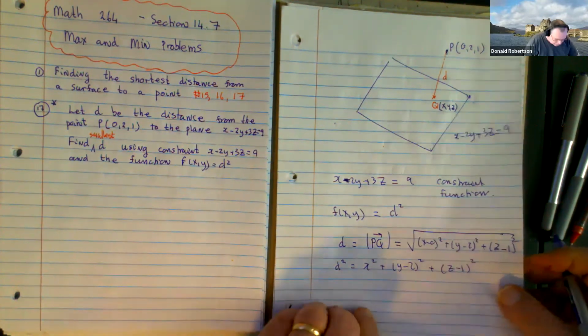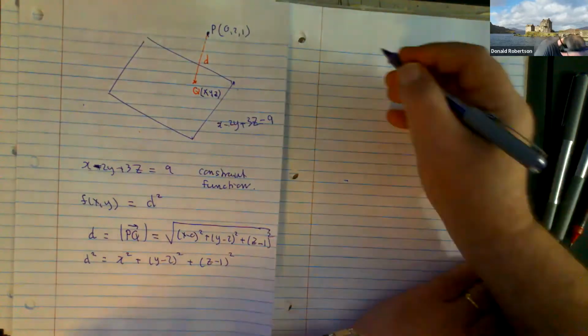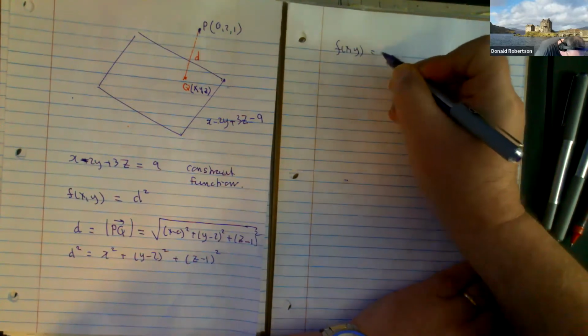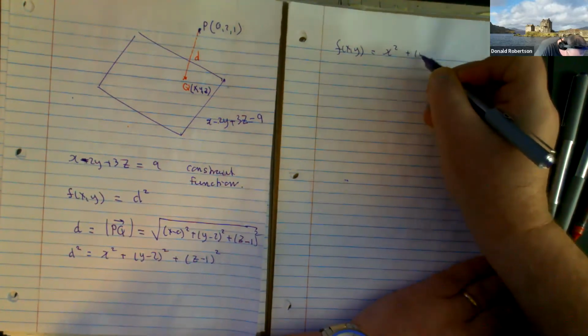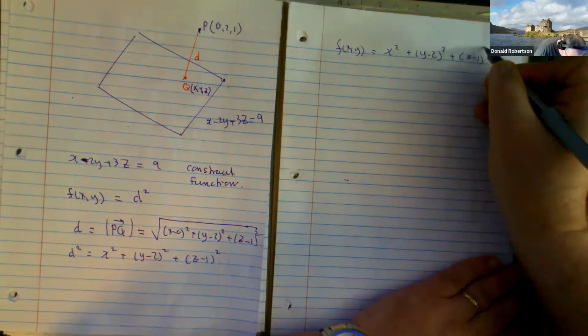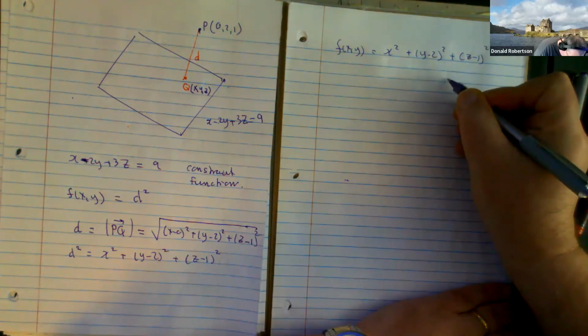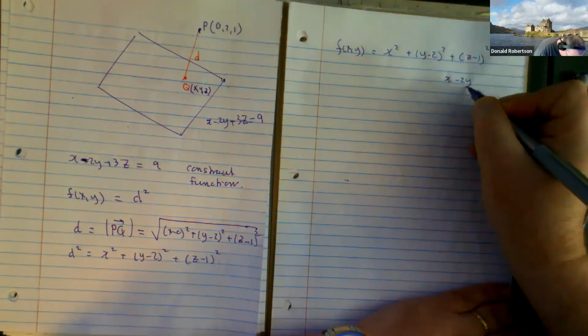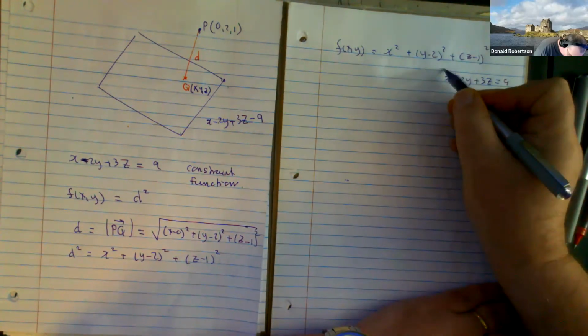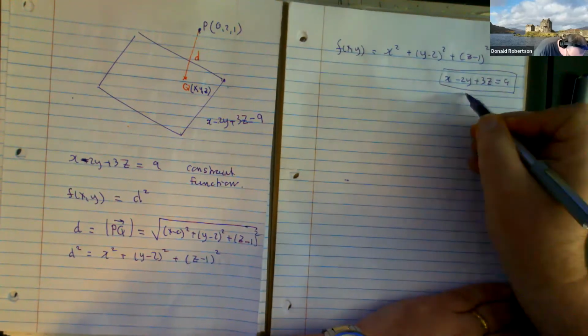So I have a function f of x, y, z equal to x squared plus y minus 2 squared plus z minus 1 squared, subject to the constraint that x take away 2y plus 3z must equal 9. That's our constraint function.